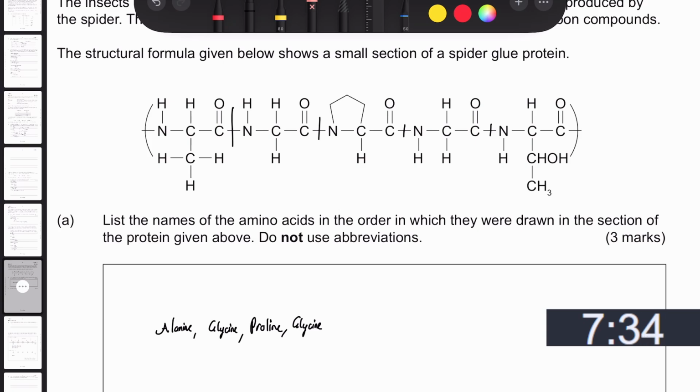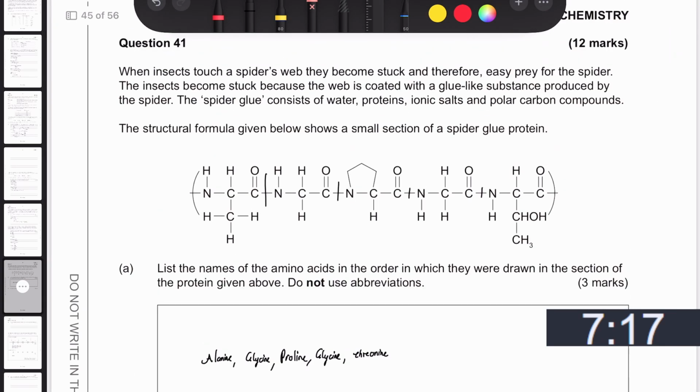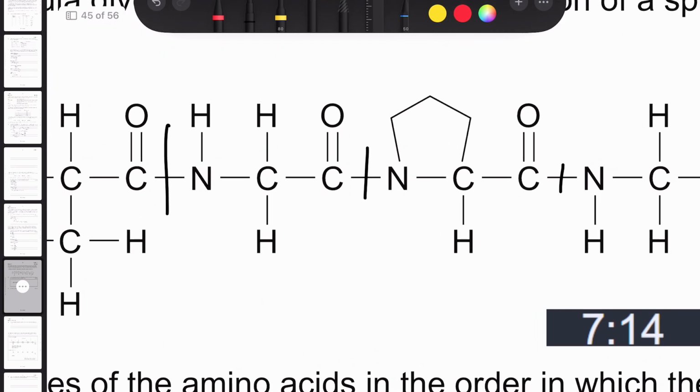And the last one is CH, threonine, I think. Threonine. Circle one peptide bond. I'll go with this one.